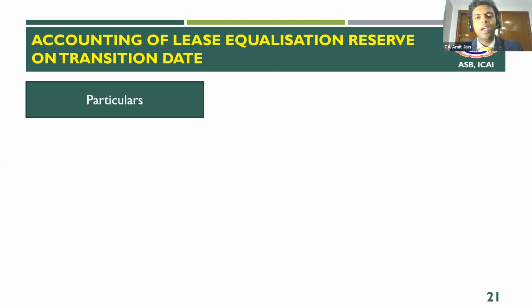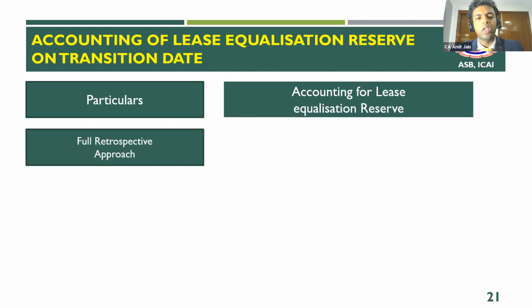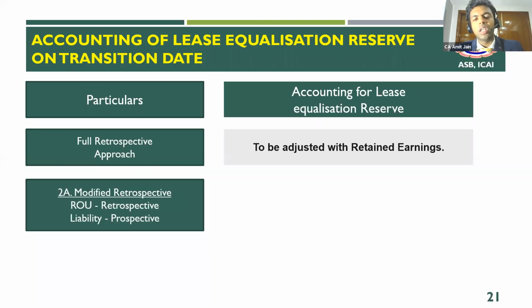Right guys, then how should we account for the lease equalization reserve, which is appearing as on the transition date. If the first time adopter has adopted the full retrospective approach, that LER, the lease equalization reserve, will get adjusted through retained earnings, right? Then if the adopter has adopted the modified retrospective approach, right? This is not only in respect of the first time adopter, this is also in respect of any company which has already adopted IND-AS, right? So if the company has adopted the 2A approach of modified, what is the 2A approach?